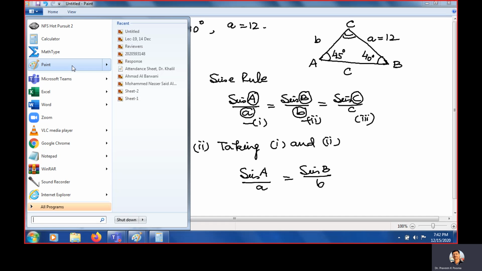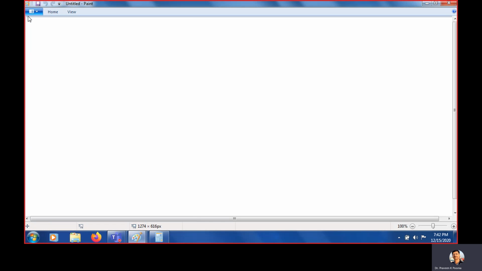Okay. Now we will take another question where two sides and one angle is given. So this is example number 2. Let us draw the triangle, and this is the triangle. So this is angle A, B, C. What is given?